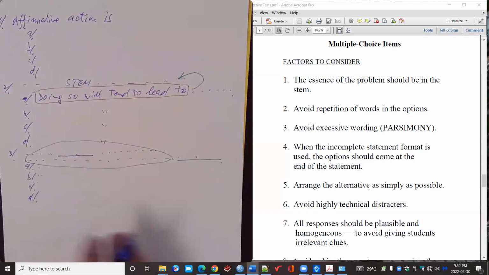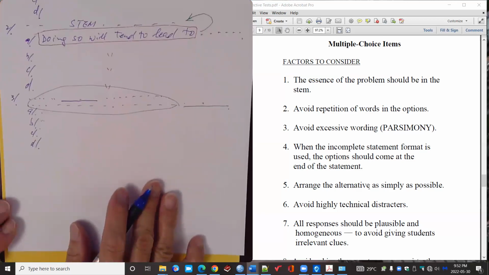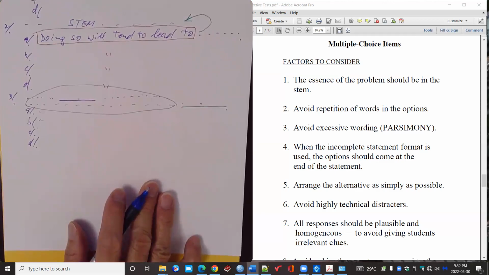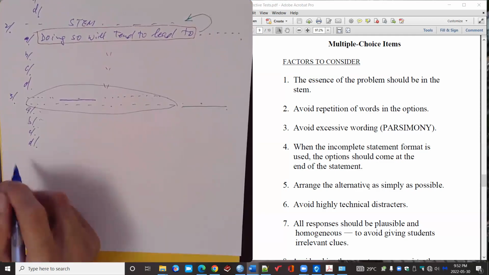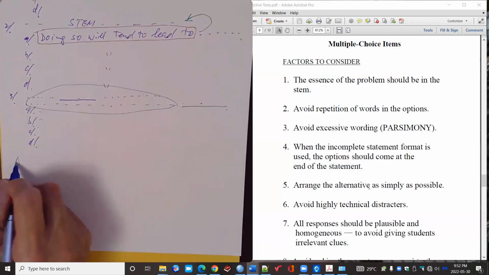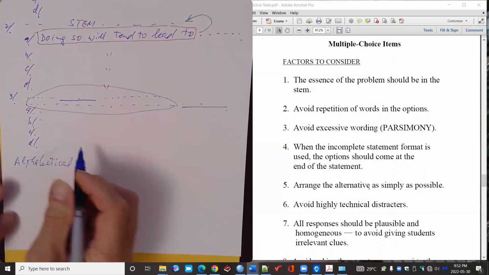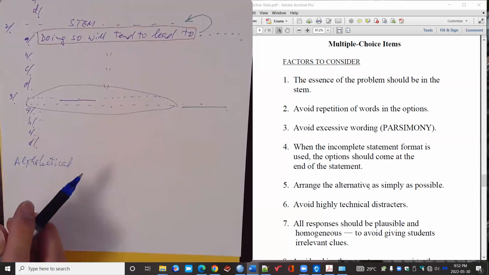Well, let's say here, the alternatives here. Alphabetical. If you have a single word, or a short phrase, arrange them in alphabetical order.